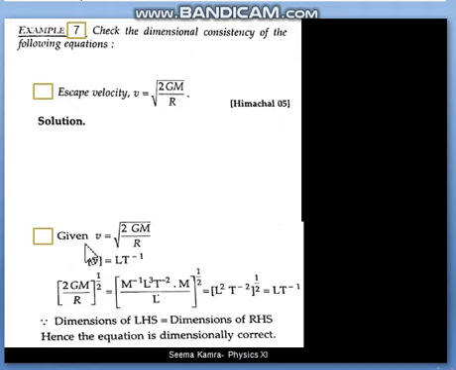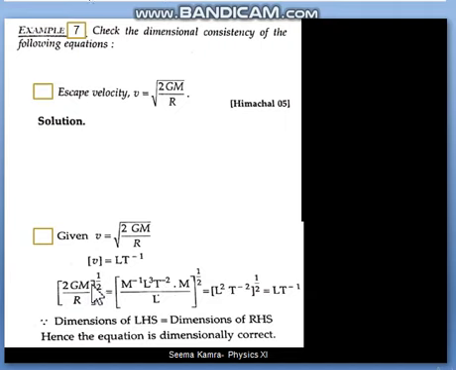Left side we have velocity, so velocity answer we will write L1 t minus 1. This is LHS answer. Now RHS answer, 2GM by r power half because root was given. Now 2 is ignored, we don't have to write any dimensional formula for it. Capital G means gravitational constant, so its answer you will get from the table. So m power minus 1, L power 3, t power minus 2 you will substitute.